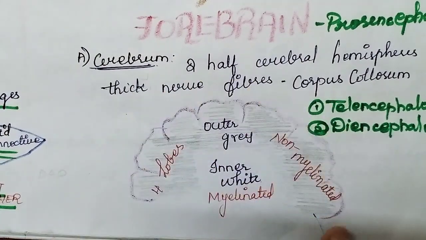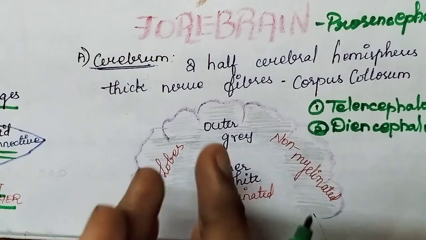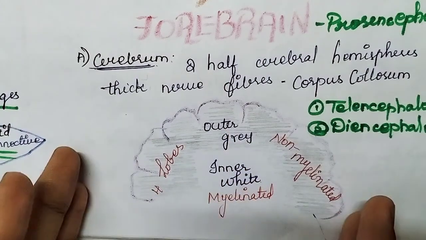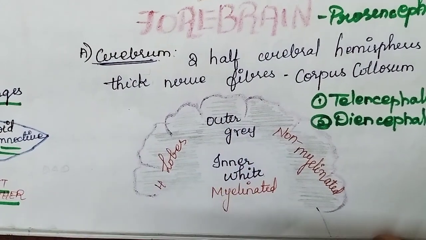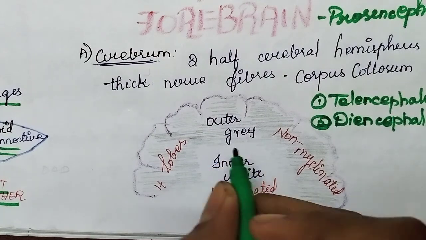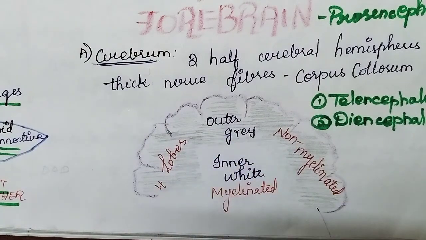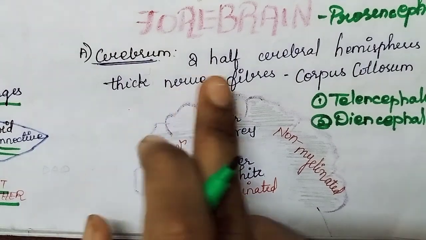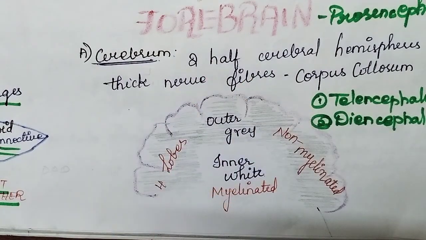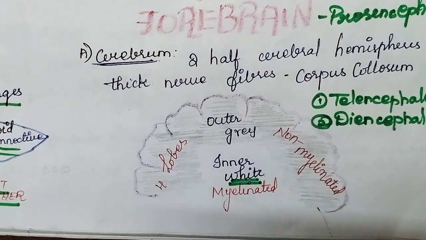If you see here, a simple distinction of the inner and the outer part of the cerebrum. See clearly, the outer part is gray because it is non-myelinated, and this outer part has 4 lobes. The inner part of the cerebrum is white because it is myelinated. The myelin sheath gives the white texture.